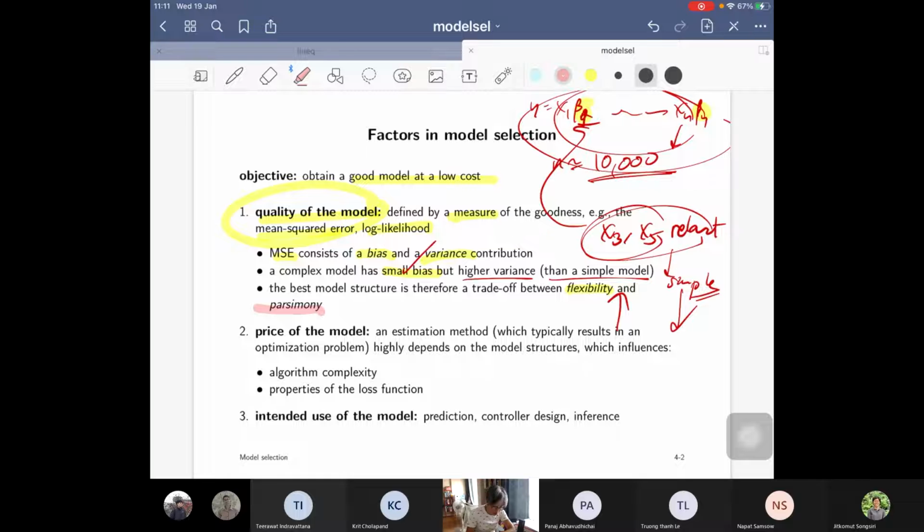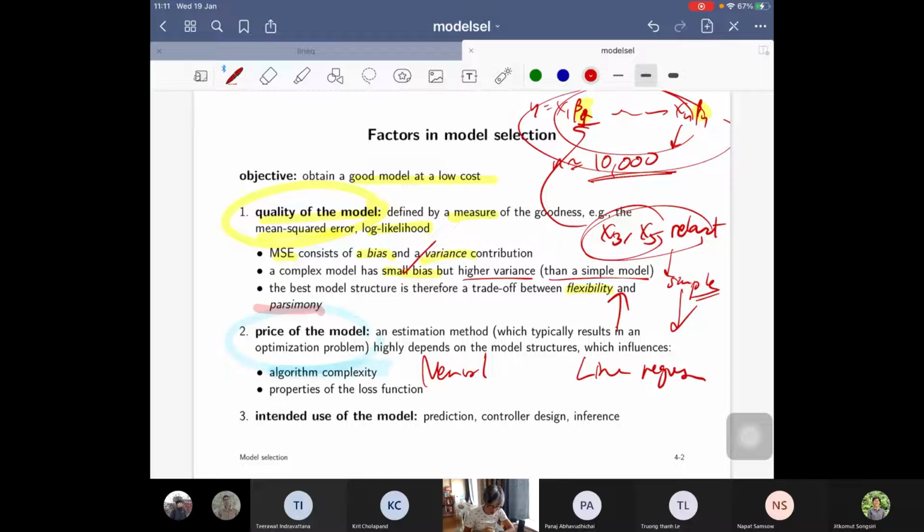The second aspect is to take a look at the price of the model. When we come up with the model, in the estimation process it also implies that we must require some numerical method, and we must think about what the computational complexity would be. Think about neural networks and linear regression.